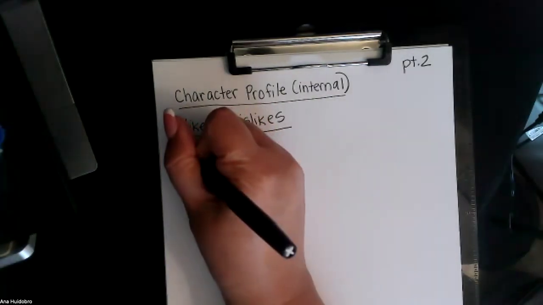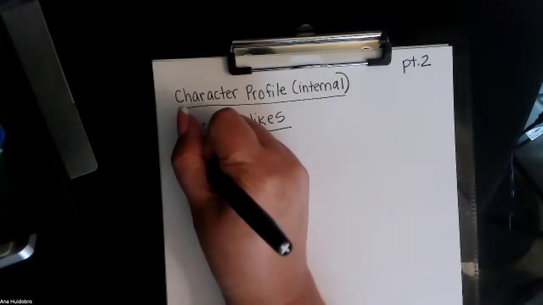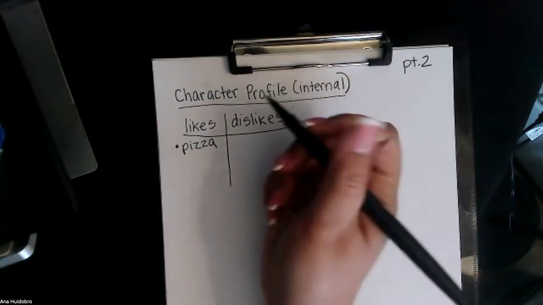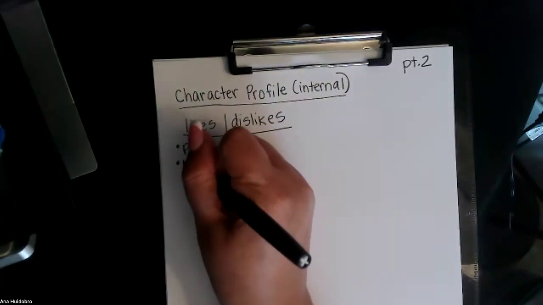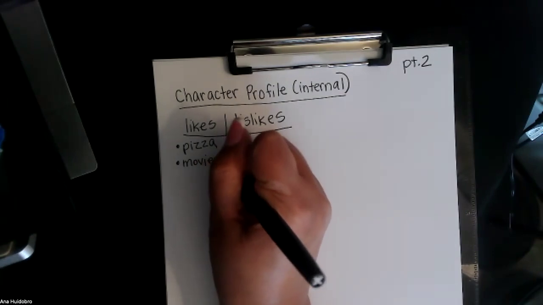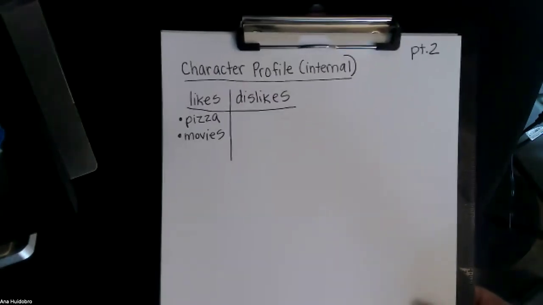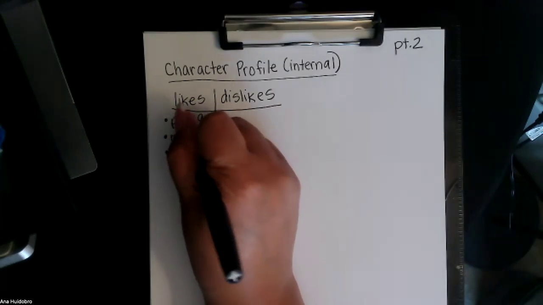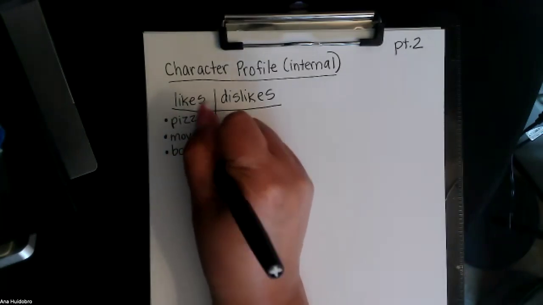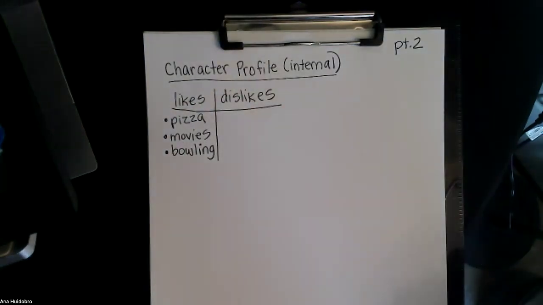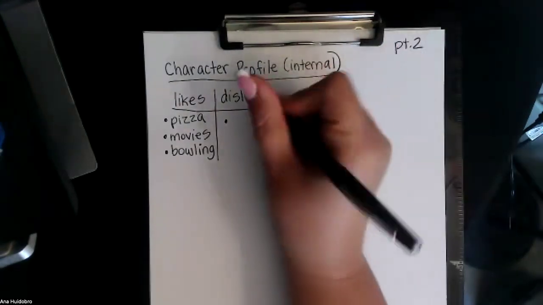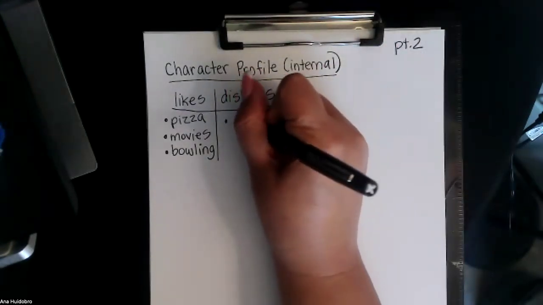I think my George McTrunk is going to like pizza. This is just my imagination. I think he's going to like movies. And I think he's going to be a bowler. He's going to like bowling. In my mind, he has a group of friends that he bowls with twice a week. Just to make things interesting, I'm going to make him dislike peanuts.